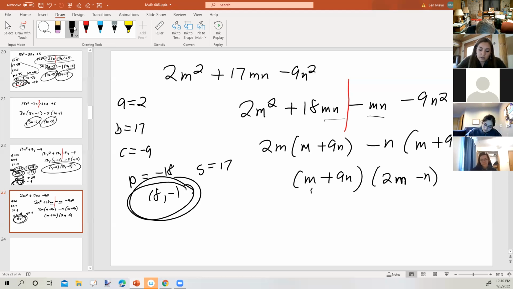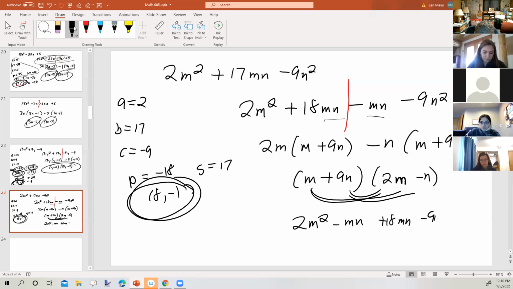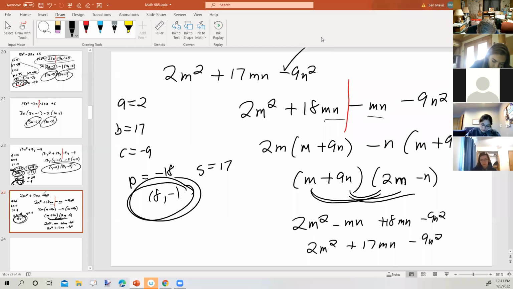Let's check our work. 2m squared minus mn plus 18mn minus 9n squared, 2m squared plus 17mn minus 9n squared, check.